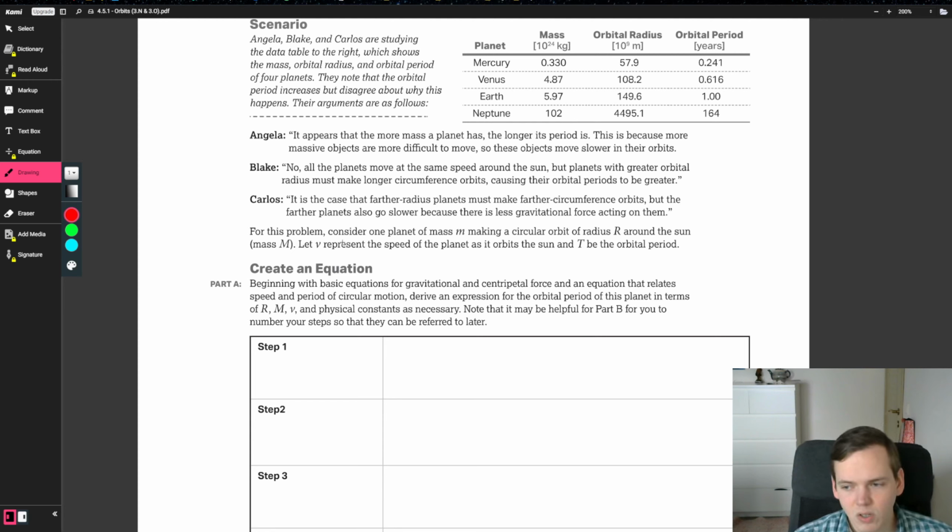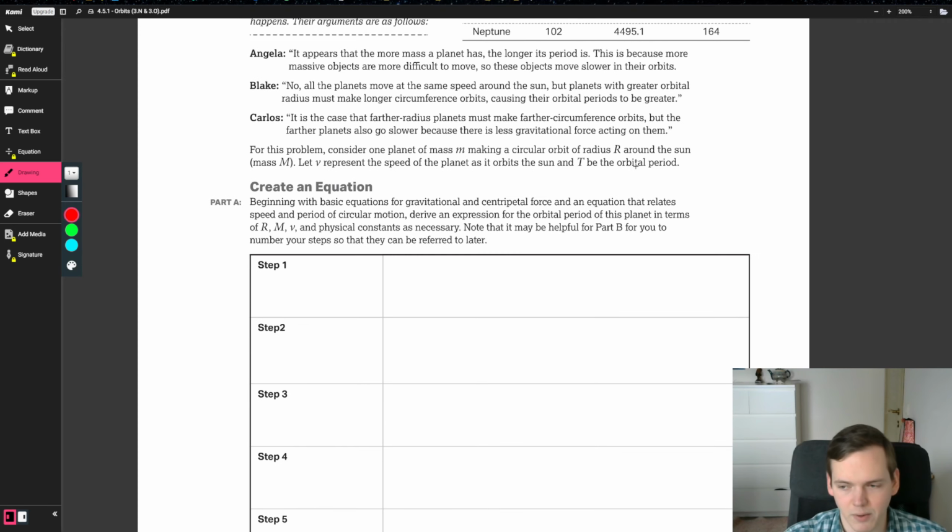So first, we want to create an equation that relates gravitational and centripetal force and speed and period, all of that together. So first, we need to start by just declaring Fg. And that's going to be G, m of the planet times m of the sun divided by the radius squared.